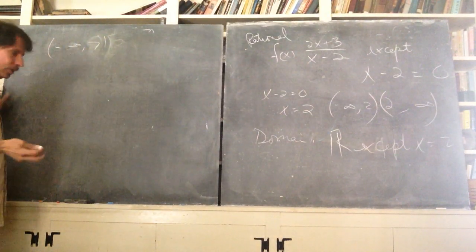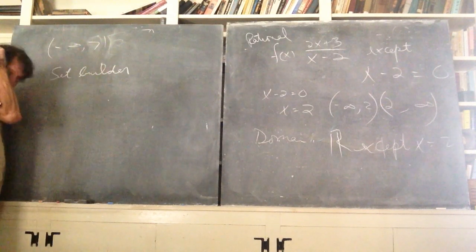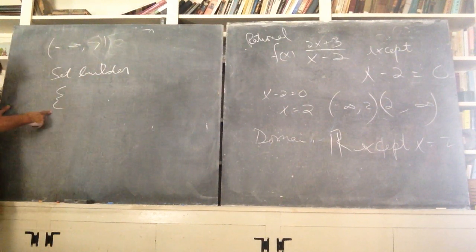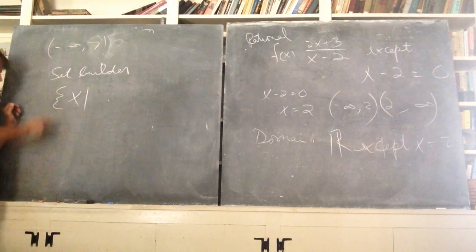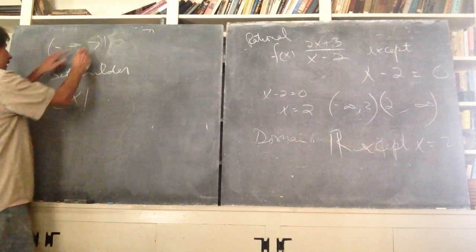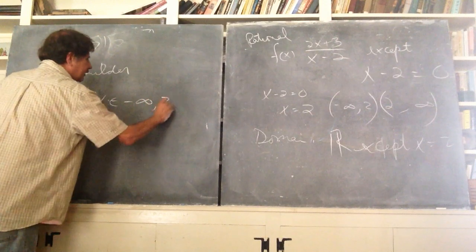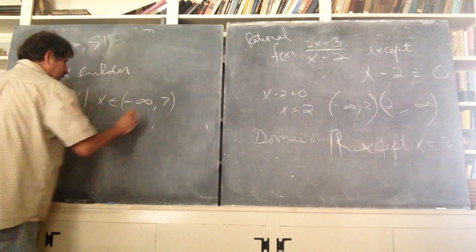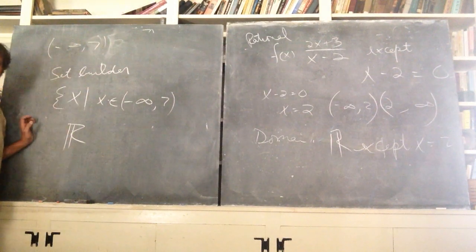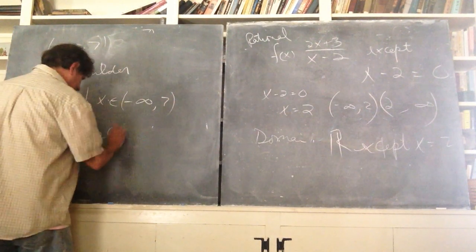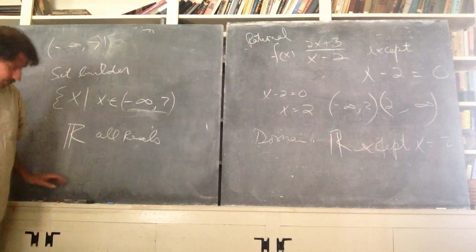There's something called set builder notation. The bracket is read as the set whose members are x such that. Here, x is an element of negative infinity to 7. By the way, that stands for all reals. That's set builder. But what we want to concentrate on is interval notation. So that's that.